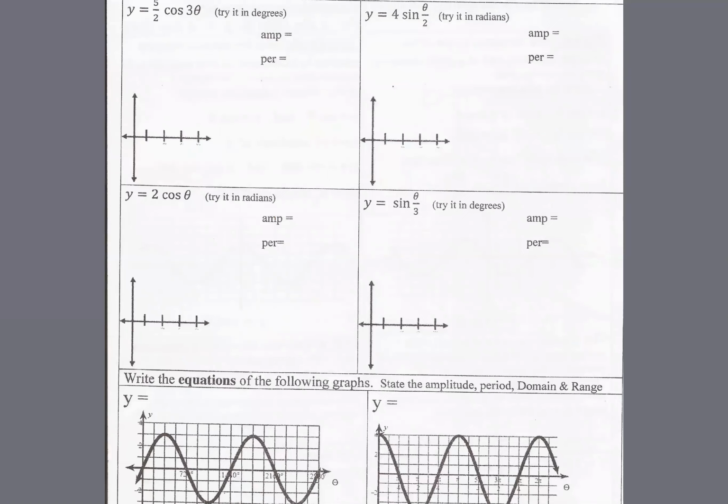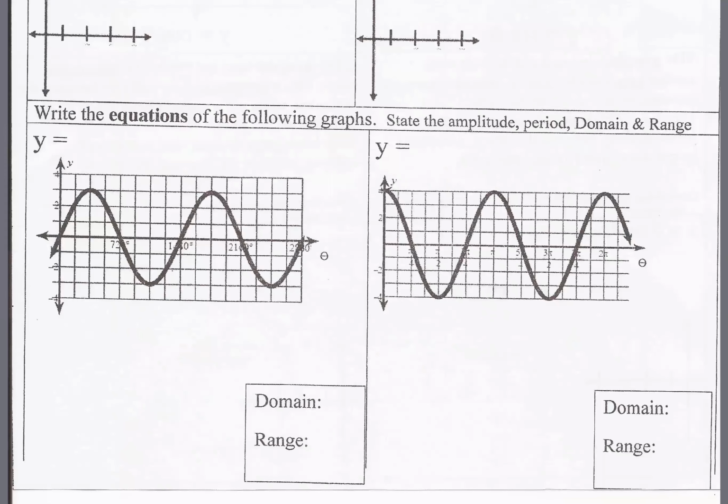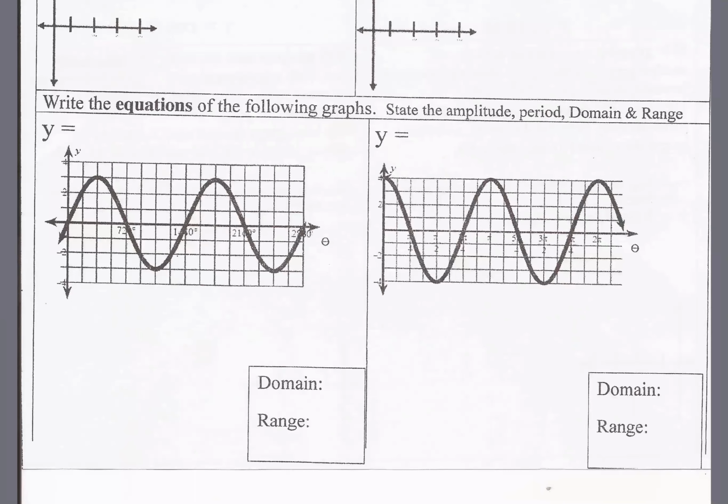So now we're working backwards. Here you have two graphs, and you want to find the equation. I'm going to start off by finding the amplitude. Don't confuse that with A, because amplitude is always positive, while A can be positive or negative. The amplitude is the distance from the x-axis to the max, or you could also do from the x-axis to the min.